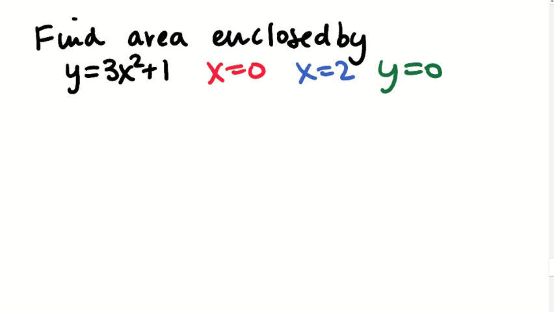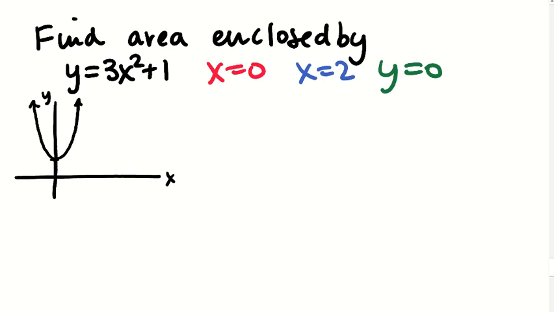All right, next we're going to find the area enclosed by the graphs of these four equations. Okay, so the first thing when you're given a bunch of equations and you want the area enclosed by them, you've got to draw a picture. So here I am, drawing the xy plane. 3x squared plus 1. Well, there's 1. 3x squared is pretty steep.